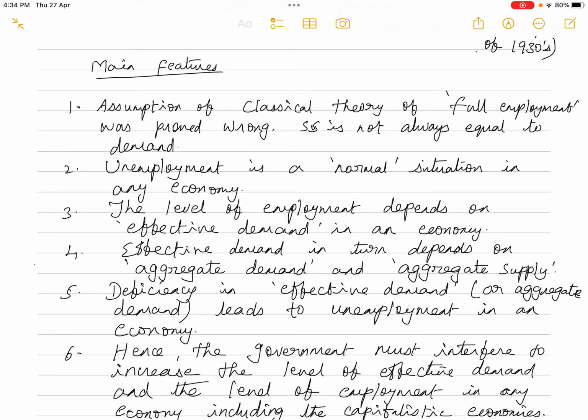The level of effective demand in the country must increase, because if there is a shortage of effective demand in any economy, that will result in unemployment. If the country wants to reach the level of full employment, then the country's effective demand should be increased.